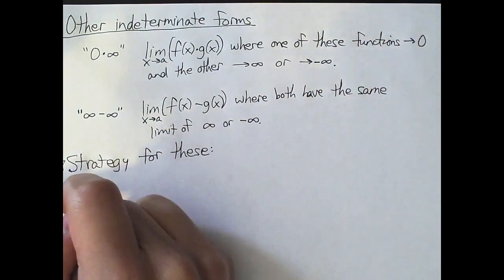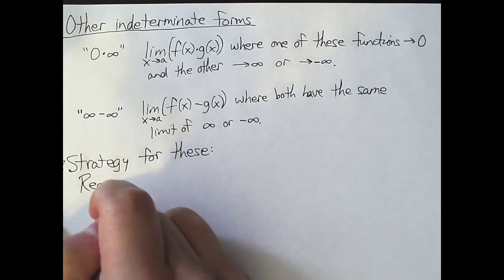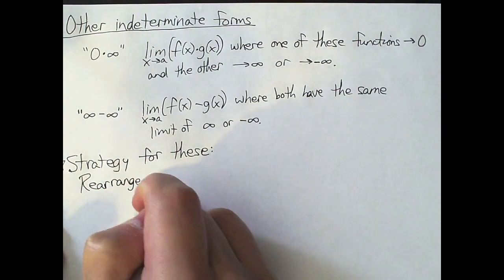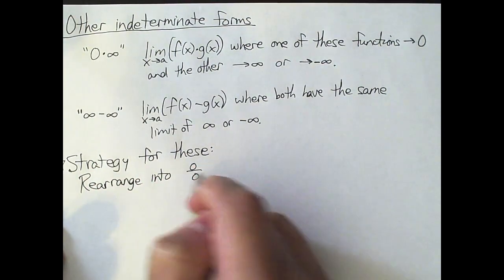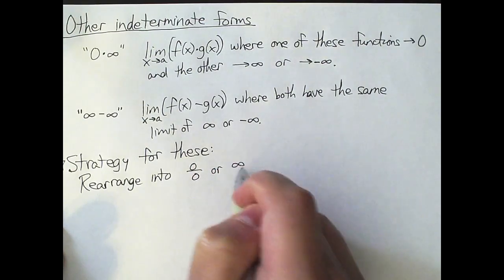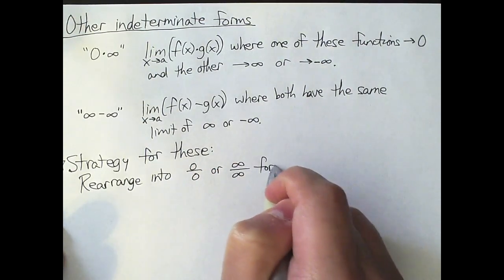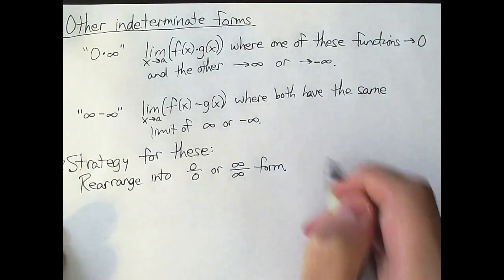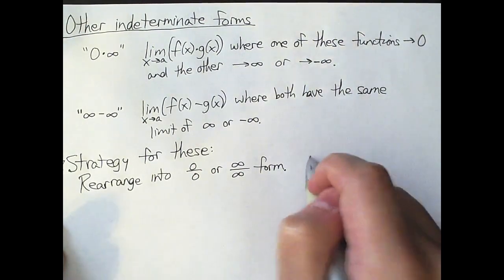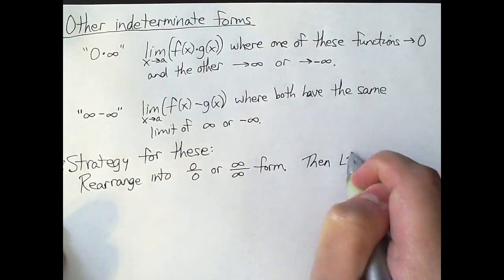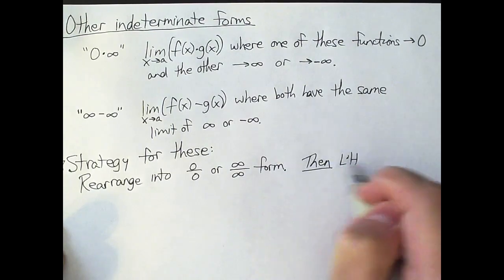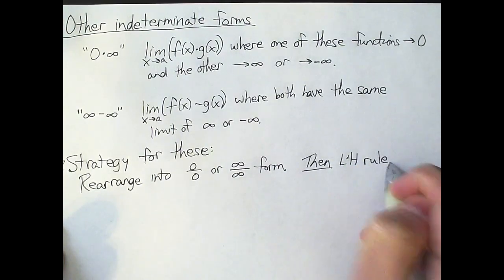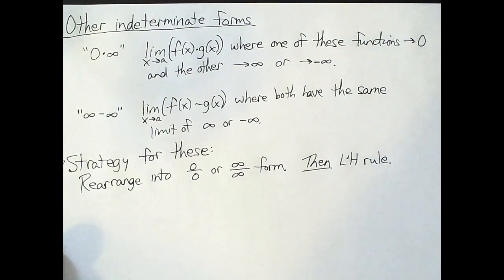So the strategy for these is we can rearrange them into the 0 over 0 or the infinity over infinity form, and then use L'Hopital's rule. Okay, so I'll show you an example.